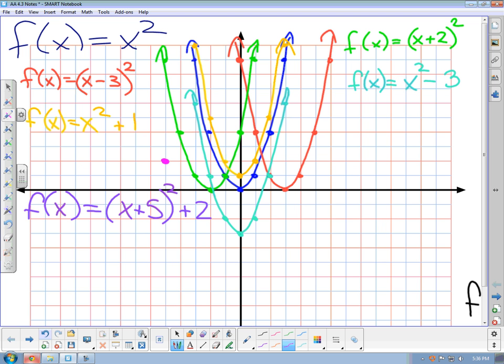There is one of the points. And then that point right there, and that point right there, and then this one, and that one, and that one, and that one, and our parabola will look like that.